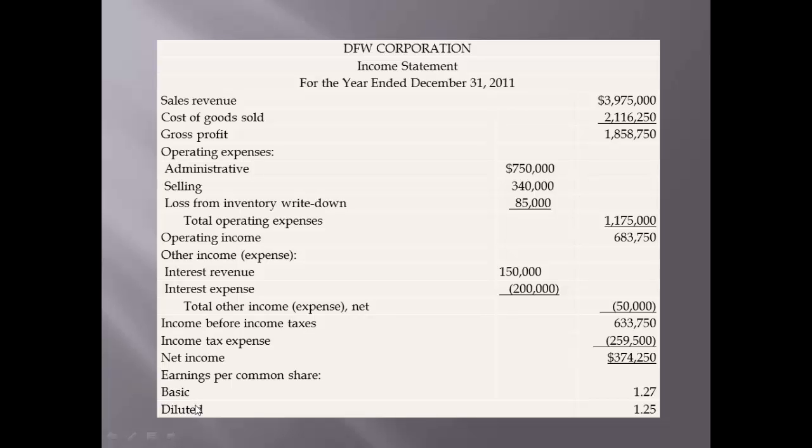Examples are convertible debt securities and employee stock options. Now, diluted earnings per share consequently is always less than or equal to the basic EPS because we would typically probably be using a larger denominator.